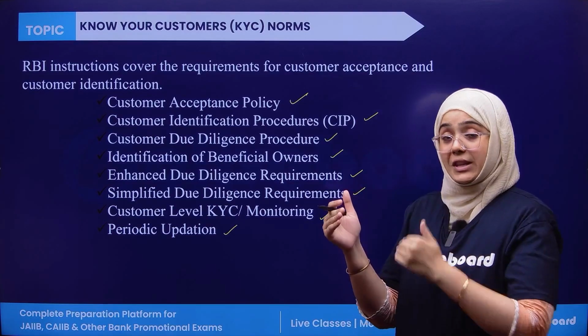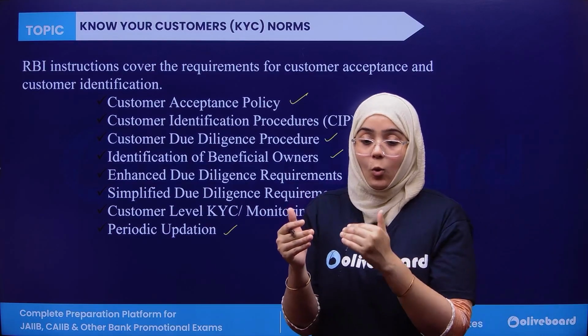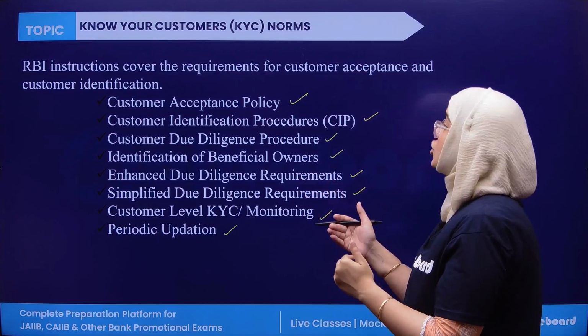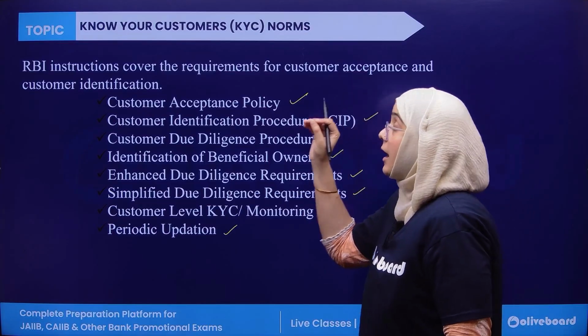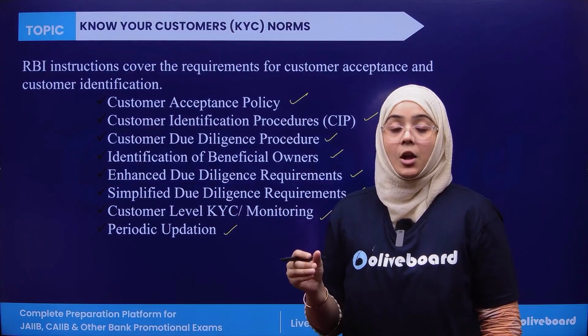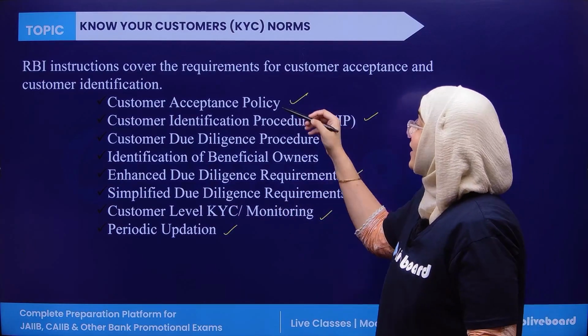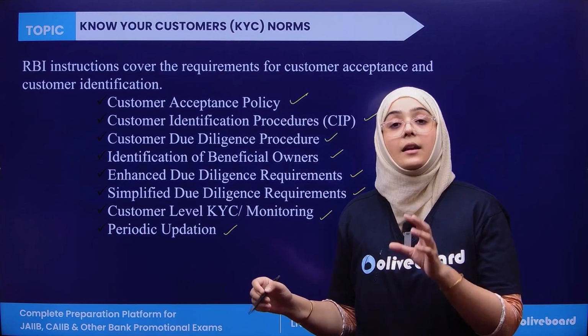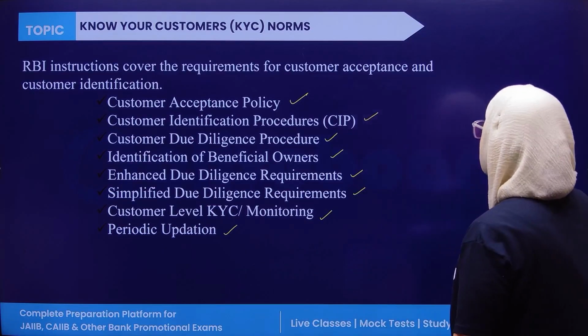So these are the different requirements and instructions that the bank needs to cover for KYC. Now, in this chapter, we are going to discuss each and every point in detail. Okay, so let's start discussing.